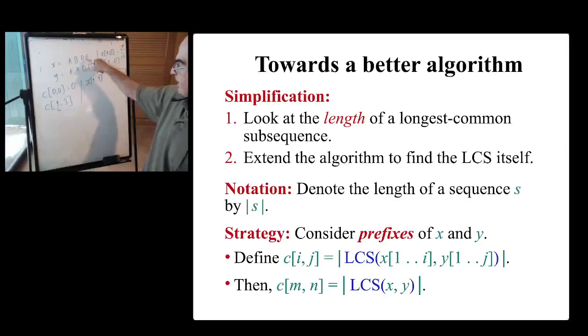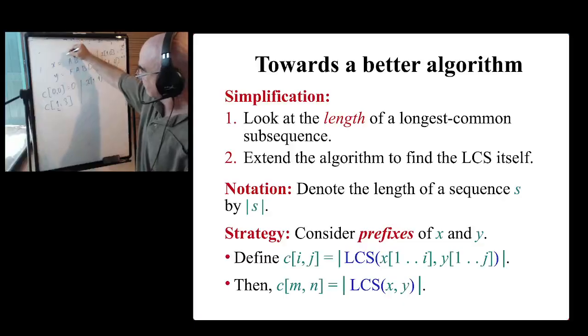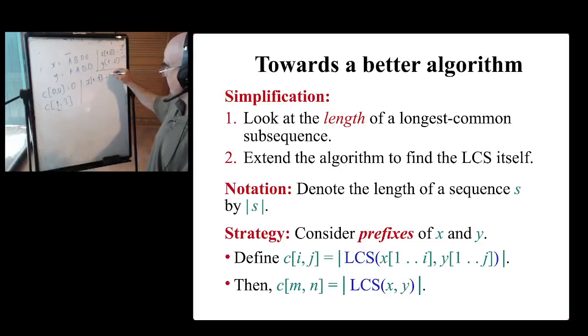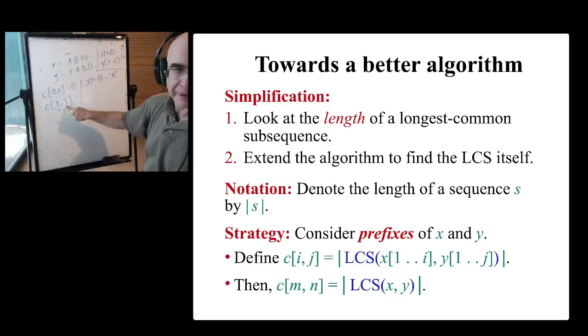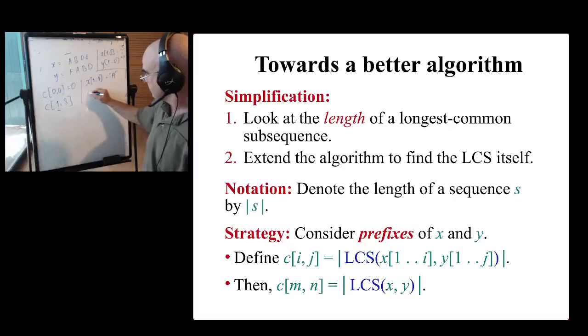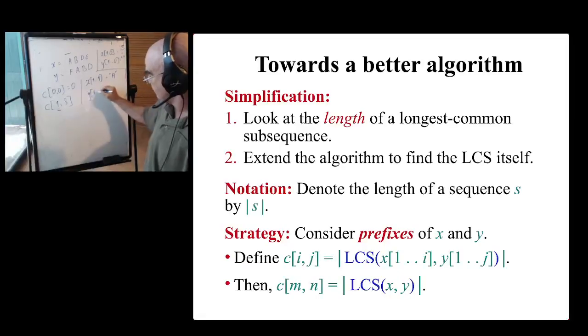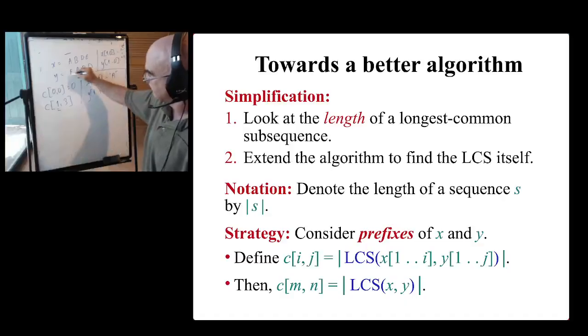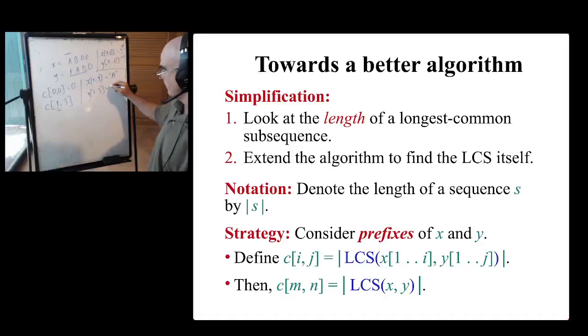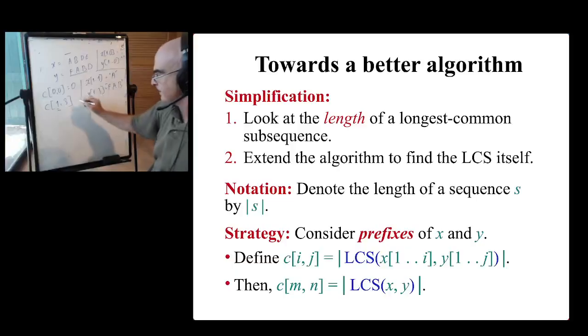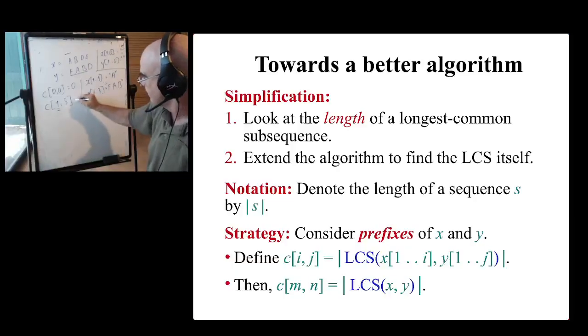X is A, B, A, D. Take the prefix of only the first 1 character, which is A. What does the 3 over here represent? It takes y from 1 dot dot 3, the first 3 characters of y, which are F, A, B. What is the length of the LCS between these two? Well, they have the A that matches. That's as long as you can get with only 1 character, which would be A.